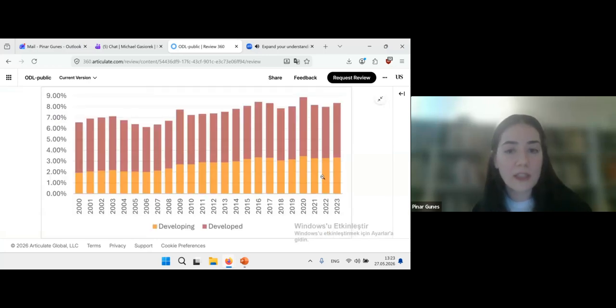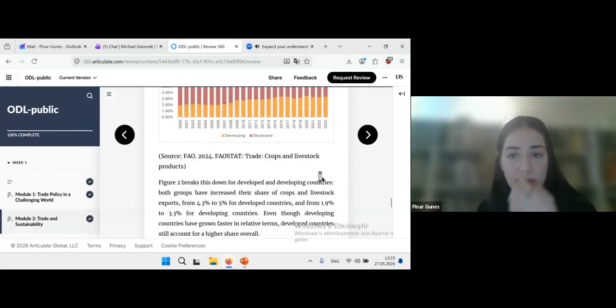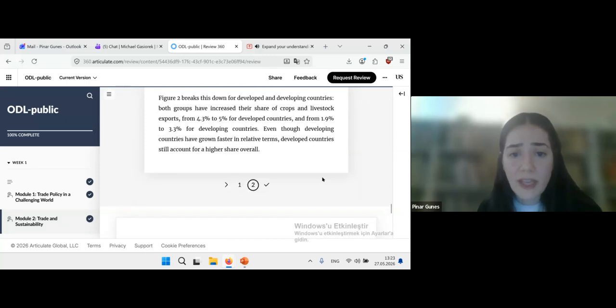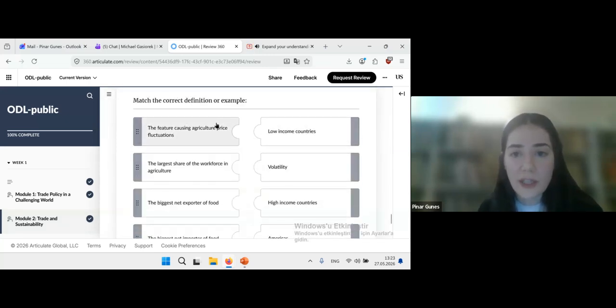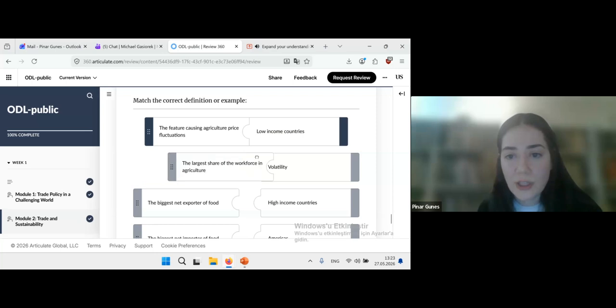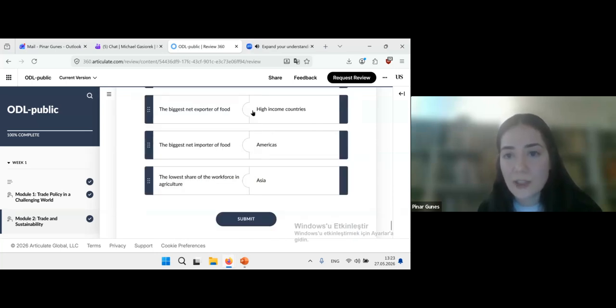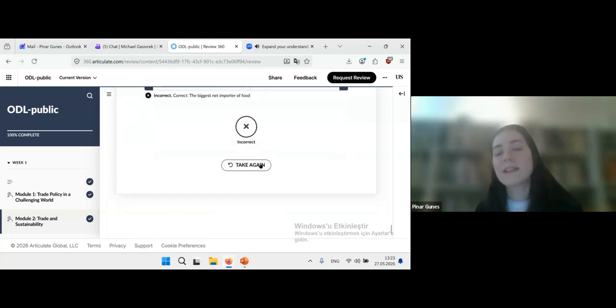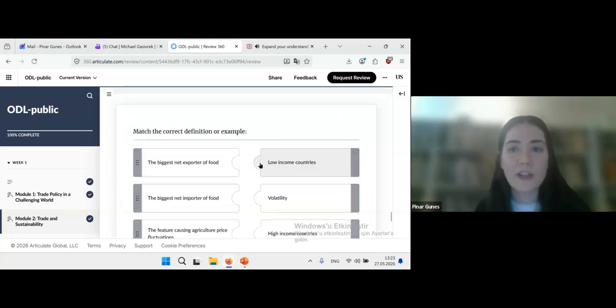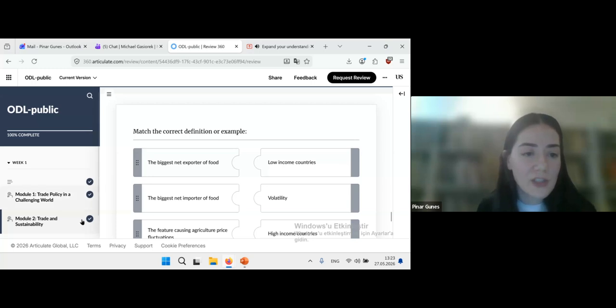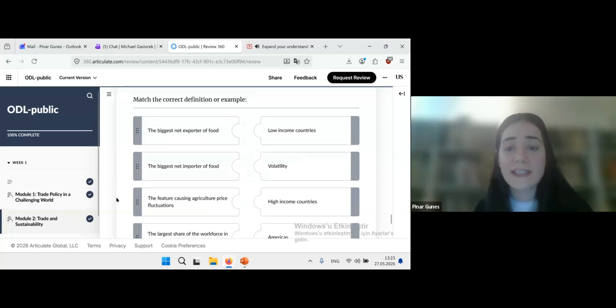Again, you can zoom in and zoom out if you wanted to see the graph. And we have such matching quizzes where you could match and see whether it's correct, and then you simply submit and then apparently it's incorrect, and then you can click on take again. So we have such interactive reading materials. It's not only that you go to the material and read. We have interactive quizzes, as I said, and graphs where you can click on interactive graphs and tabs.